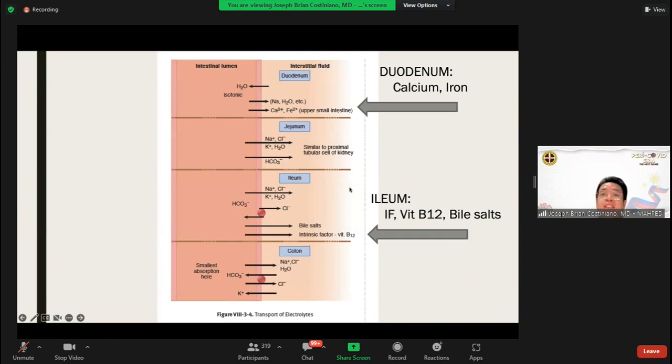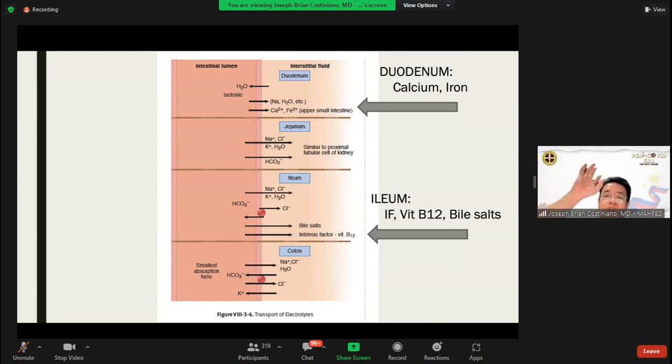No? So as you can see, your duodenum is calcium and iron absorption, okay? From the intestinal lumen going into your interstitial fluid. Kasi DJI yan, di ba? Duodenum, jejunum, ileum. So, just remember, pag duodenum siya, water and sodium plus calcium and iron. Jejunum is para siyang proximal tubular cell of the kidney. So, it's in charge of sodium, chloride, potassium, bicarbonate. Okay?